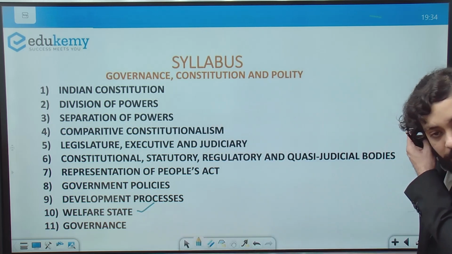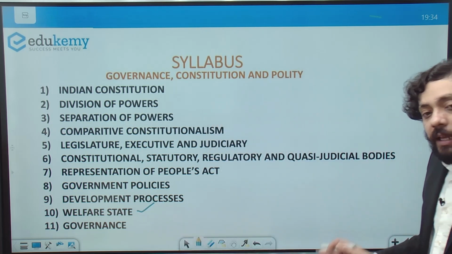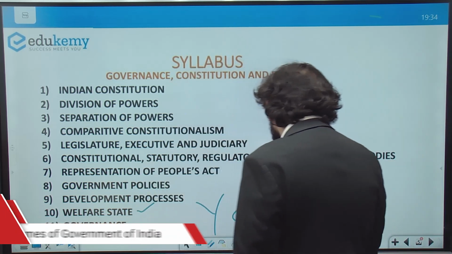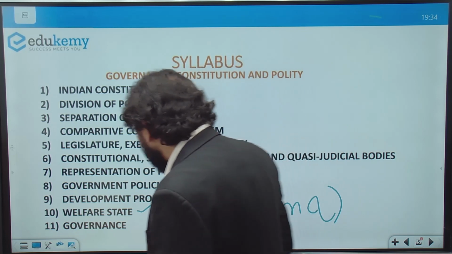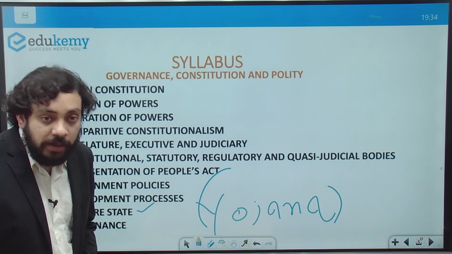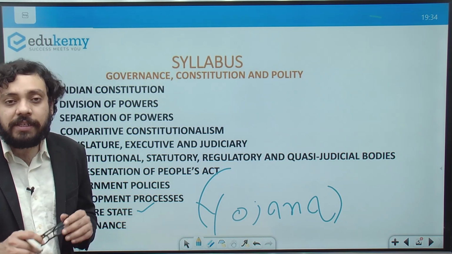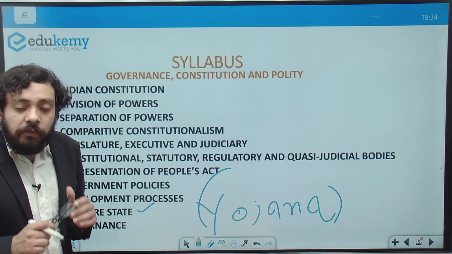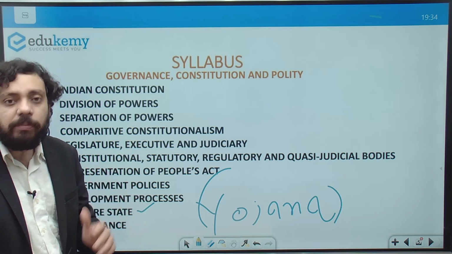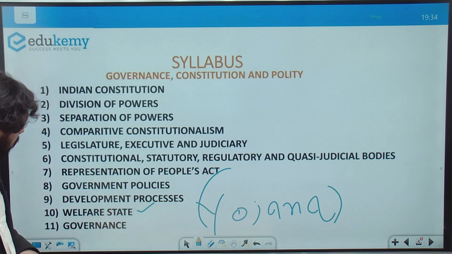Now, welfare state, maybe we will cover all the schemes which the government of India has launched. For instance, when we read the magazine Yojana, all the schemes, all the methods by which the Indian government is trying to make sure that the basic necessities are given to every Indian, that will all fall under the category of welfare state. For example, the NREGA would be under the welfare state.